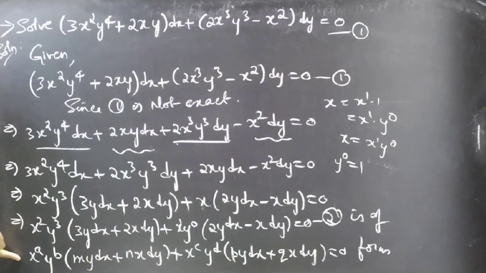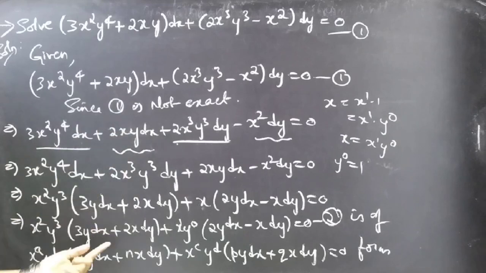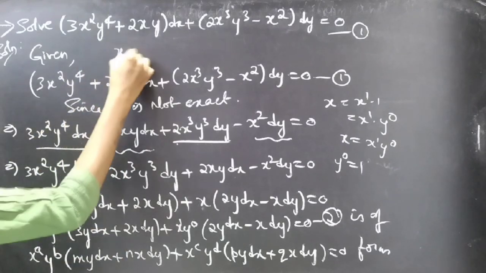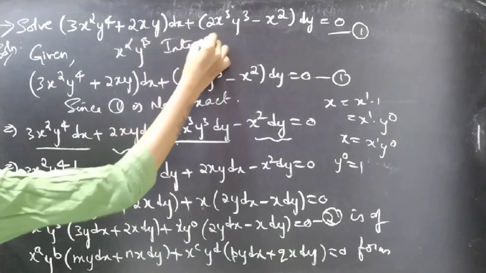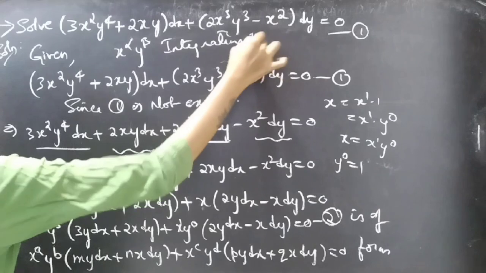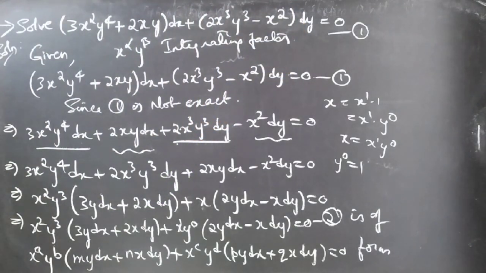Now by comparing these two, we'll get the values of a, b, c, d, m, n, p and q. Since the given differential equation can be written of this form, xᵅyᵝ will be the integrating factor, and here we need to find alpha and beta.